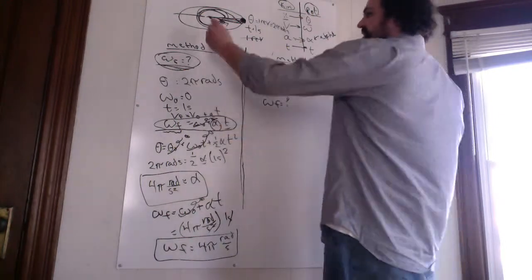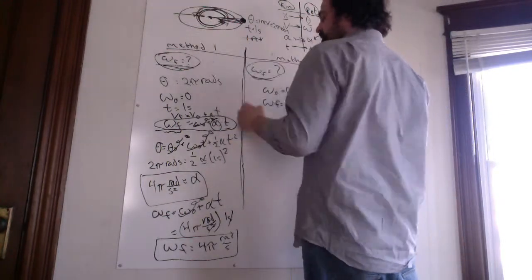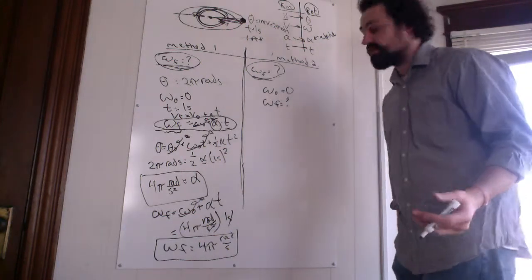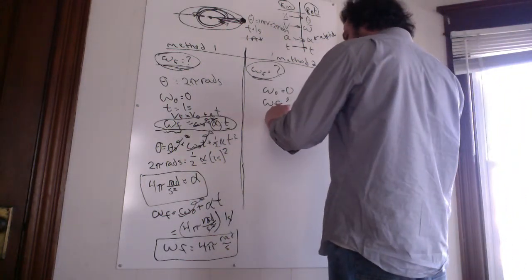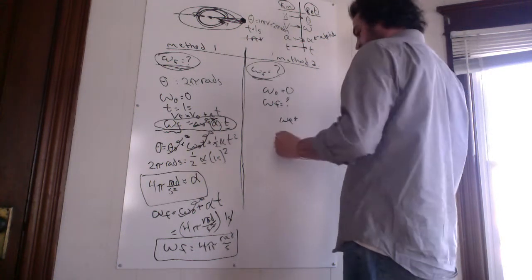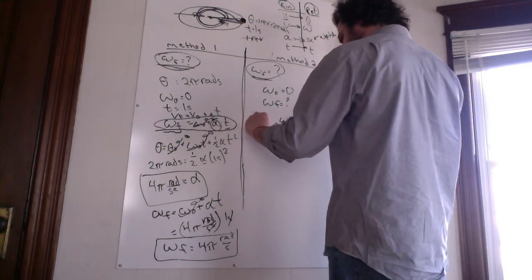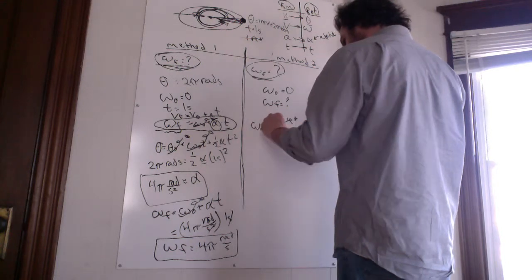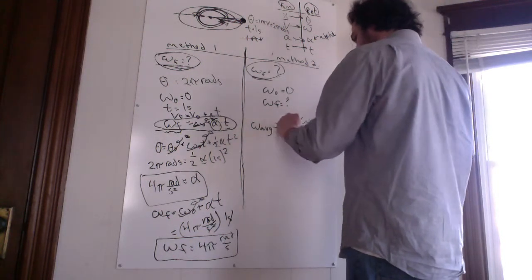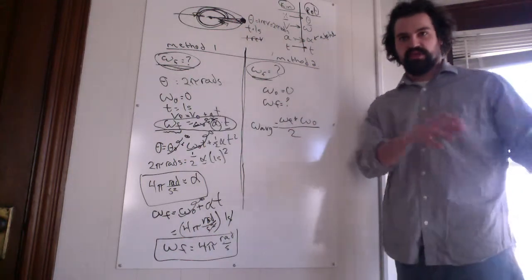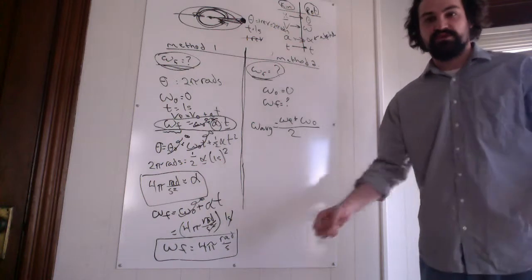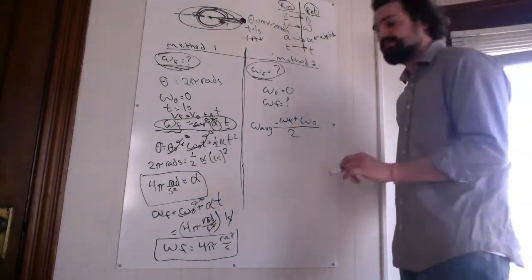But we know his average velocity is going to be exactly equal to half of his final velocity. And his average velocity is equal to his final velocity plus his initial velocity divided by 2. Average, beginning plus end divided by 2, assuming it's a constant acceleration, which it says he is.